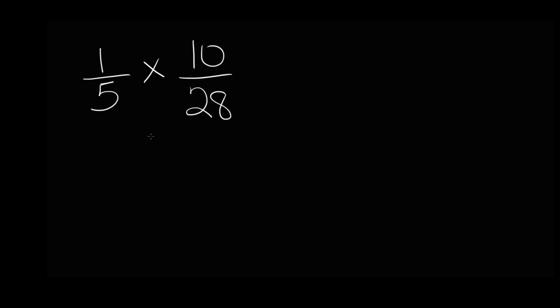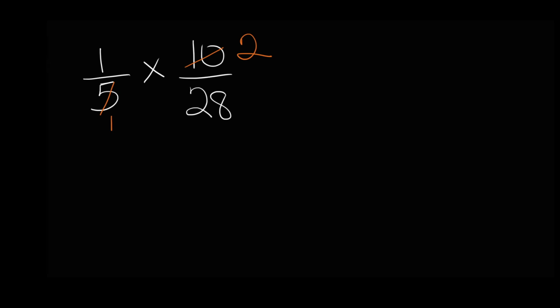Alright, let's try to solve this problem right here. 1 over 5 times 10 over 28. You will realize that 5 can divide 5. 5 can also divide 10. So I can say 5 in 5 is 1. 5 in 10 is 2.